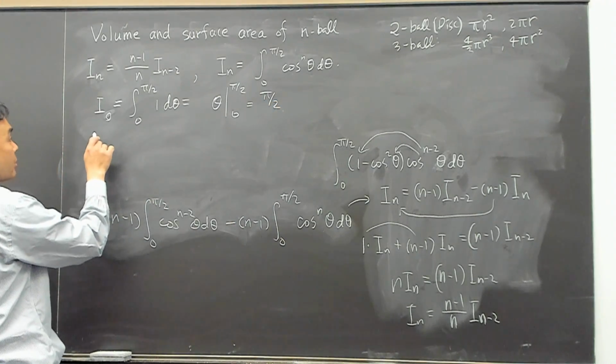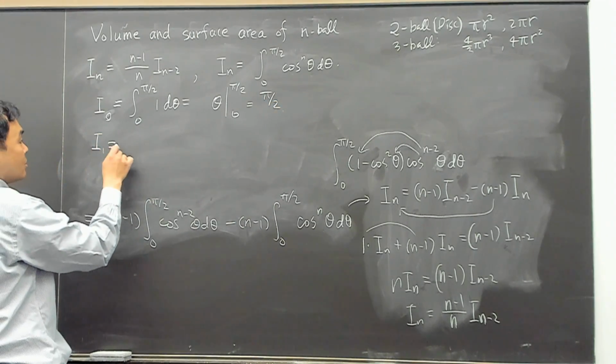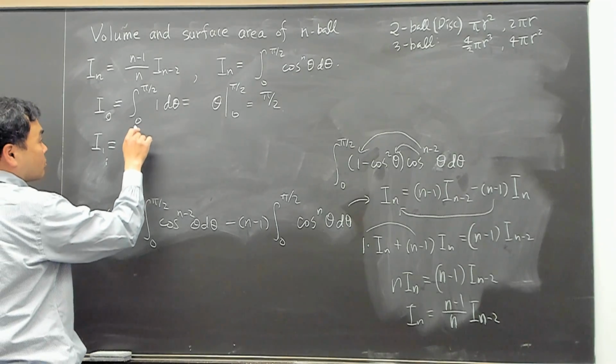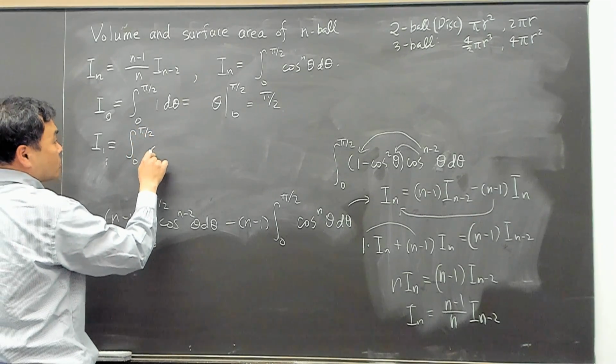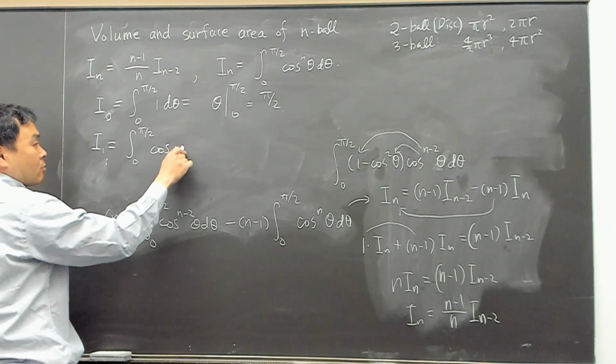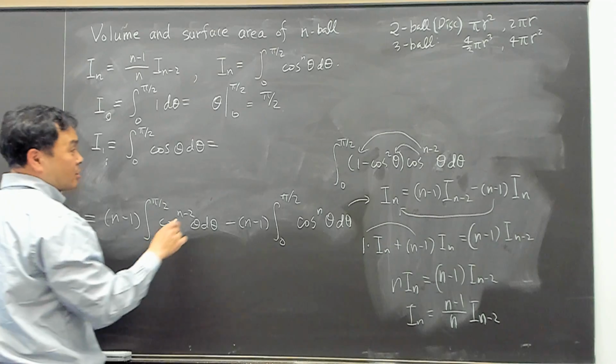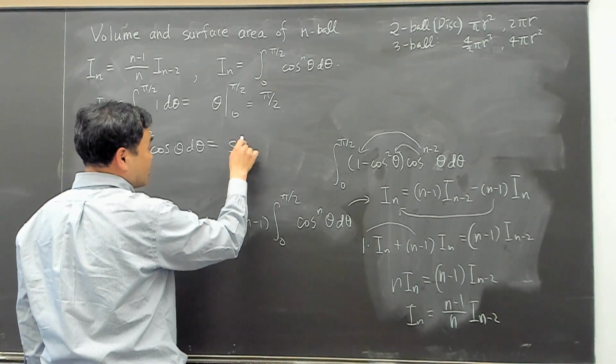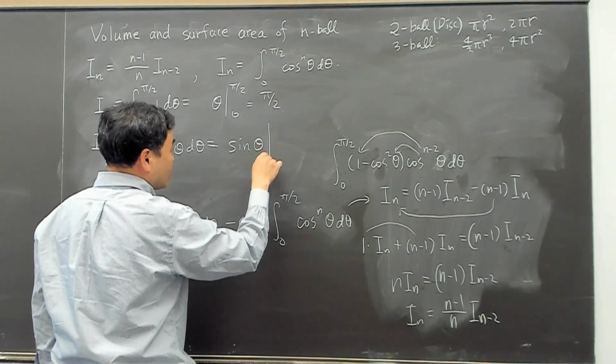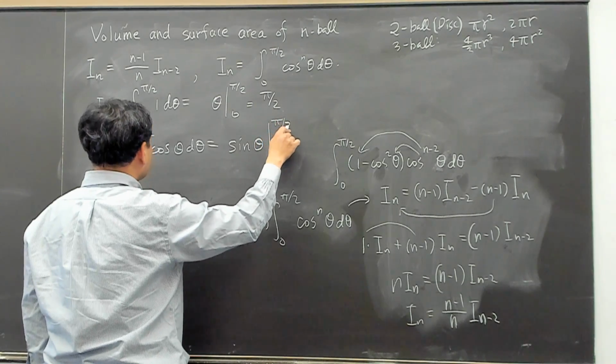Okay, on the other hand, if you have I sub 1, you have the integral from 0 to pi over 2 of cosine to the first power of theta d theta, and the antiderivative of cosine theta is sine of theta, and then you have to plug in pi over 2 and 0.